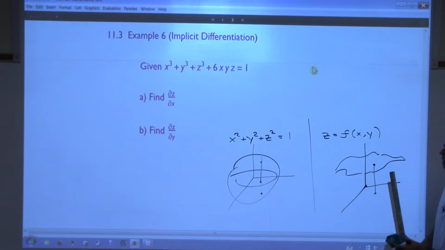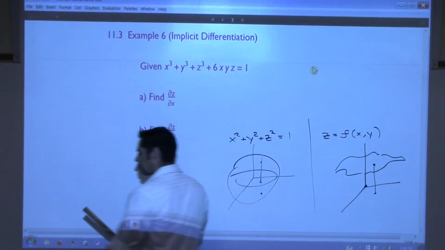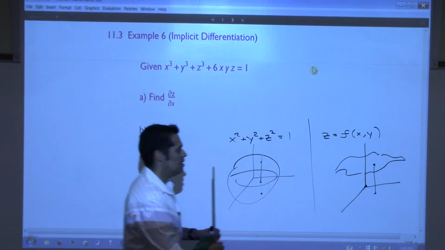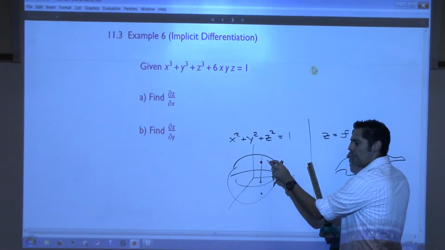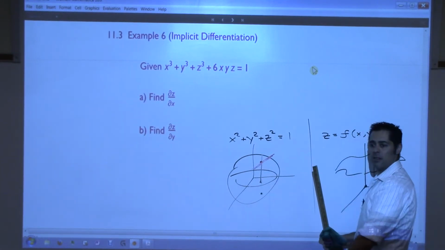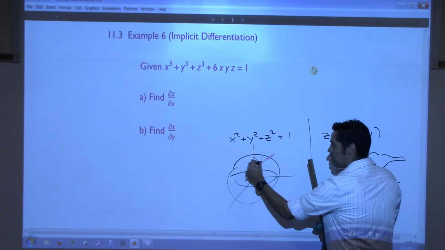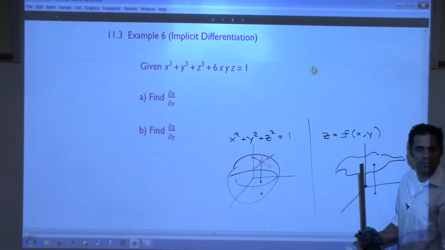Okay, but does it make sense to you that we should still be able to stand on that point and look down parallel to the x-axis and find some tangent line slope there? And does it make sense that we should do it the other way too, in the direction of the y? We should be able to do that still, shouldn't we?